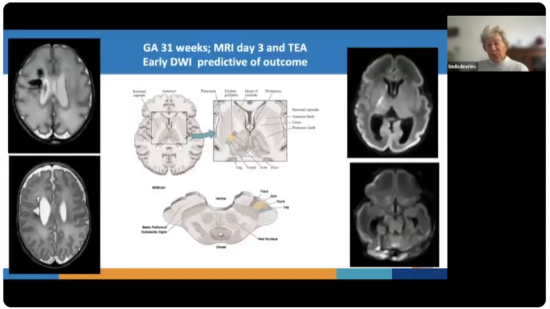You can also bring this forward and say, hey, this diffusion, it was so helpful. Why are we not using it in these babies? Well, I think it's very helpful once again, because now we can see at the early MRI that the middle part of the posterior limb is indeed diffusion restricted.